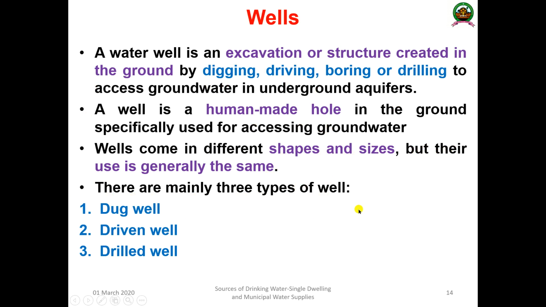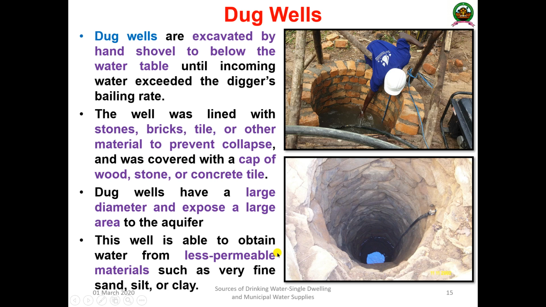Based on the nature of how wells are created, there are three types: dug well, driven well and drilled well. First one, dug wells. Dug wells are excavated by hand shovel to below the water table until incoming water exceeded the digger's bailing rate.